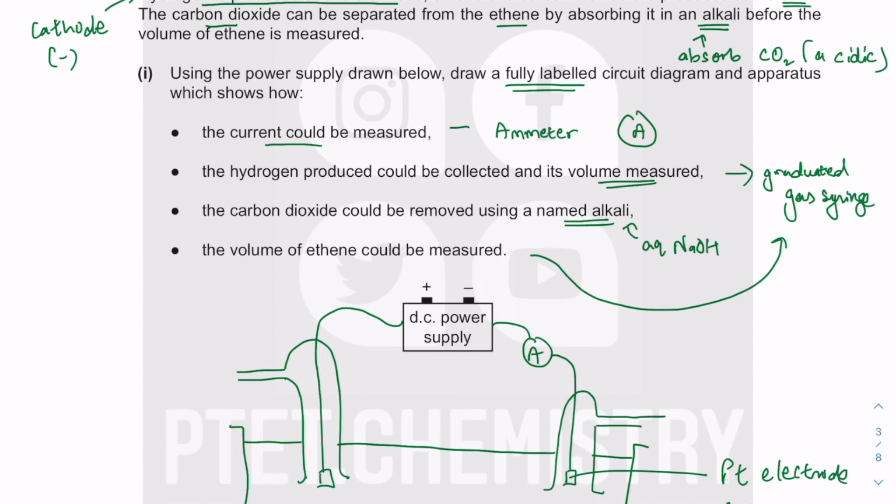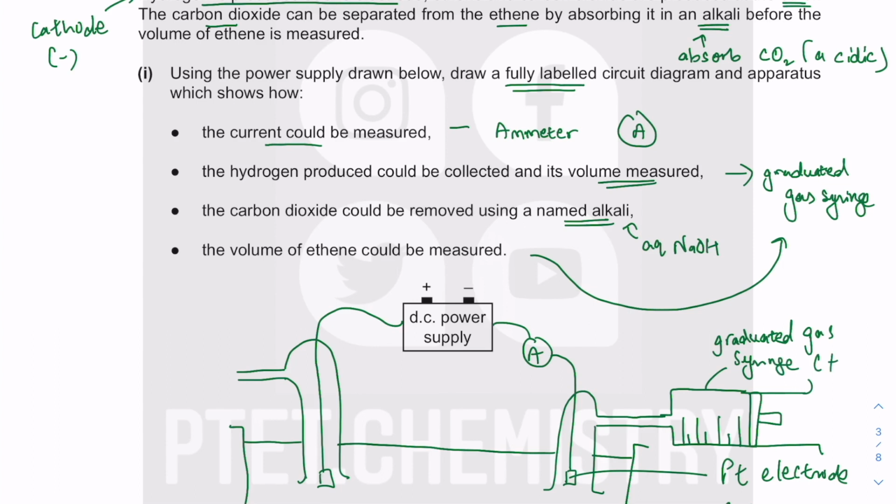So what I could do is connect it to a gas syringe, and a typical gas syringe would be graduated like this. So this is the graduated gas syringe to collect H2 gas.